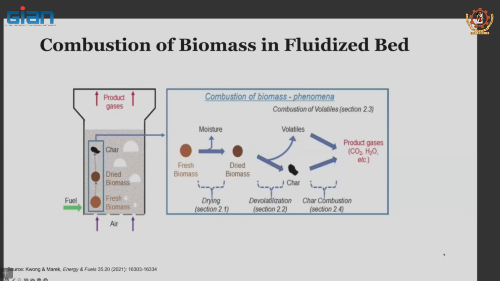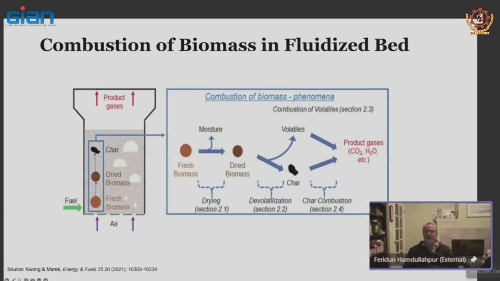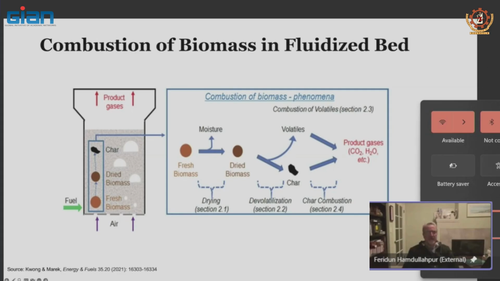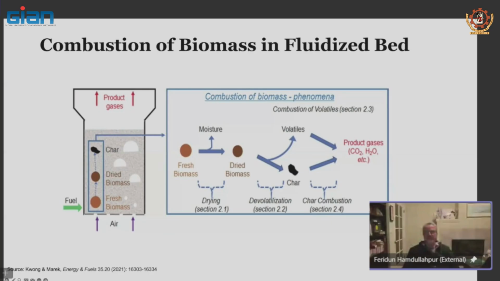Yes. So let's touch a little bit on the biomass. So far, we talked mostly about coal. Now let's go to biomass as our fuel. So, as I said, biomass will come from various sources, whether it's agricultural crop waste. For example, you grow corn.